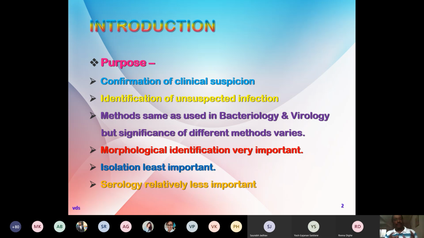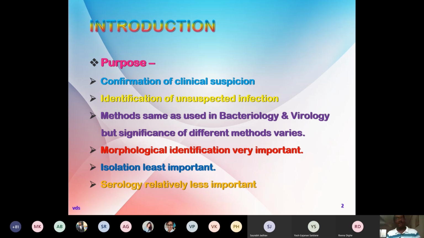So morphological identification is very important in parasitology. In bacteriology, morphological significance is less; cultivation and identification is more important. Here in parasitology, morphological identification is very important.